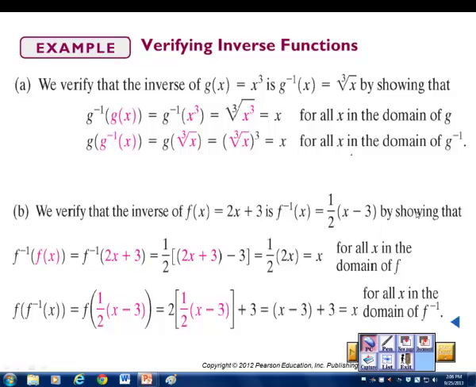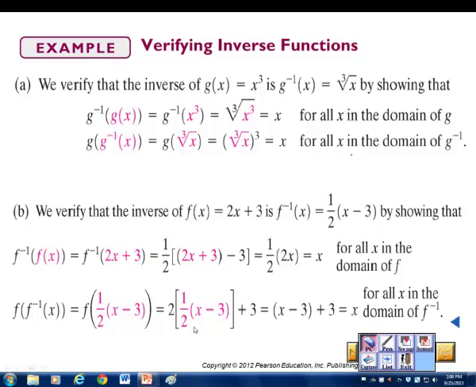So we want to check basically that they're inverses of each other. So the inverse of x is going to be 1/2 x minus 3. So we cut that x out, put parentheses.